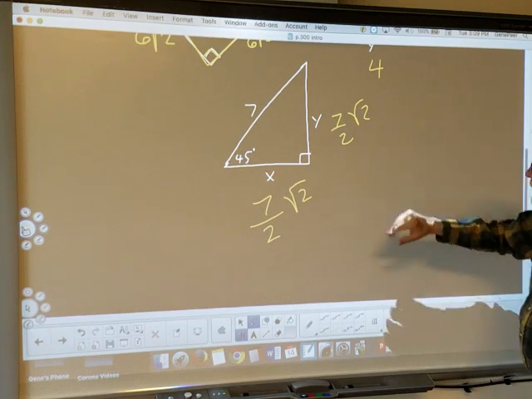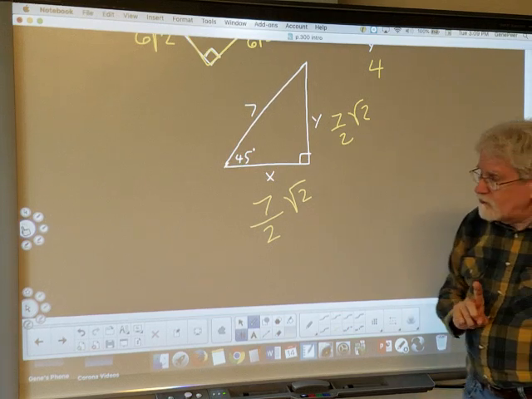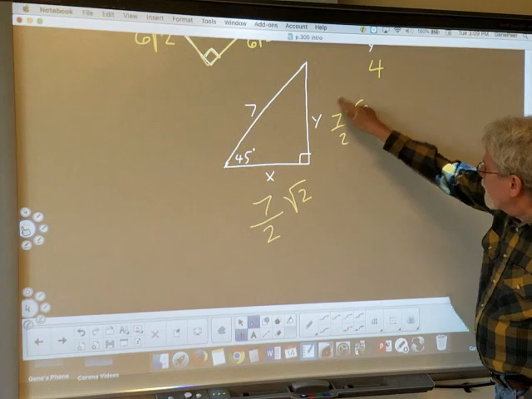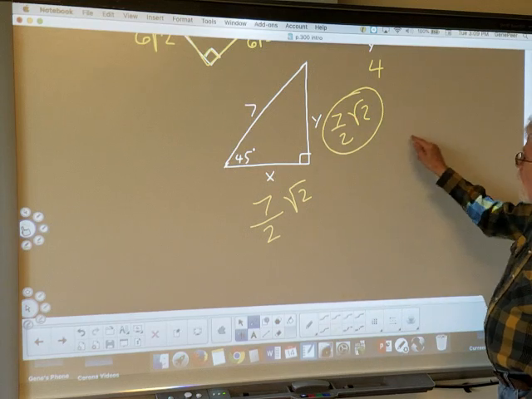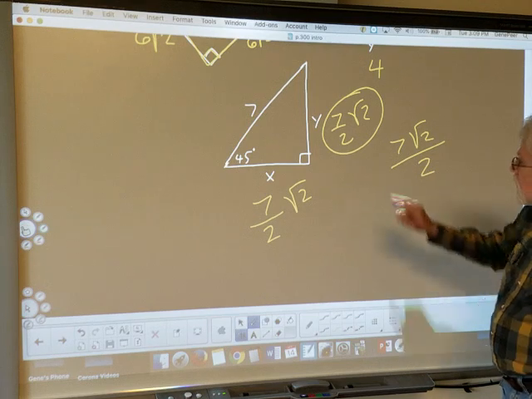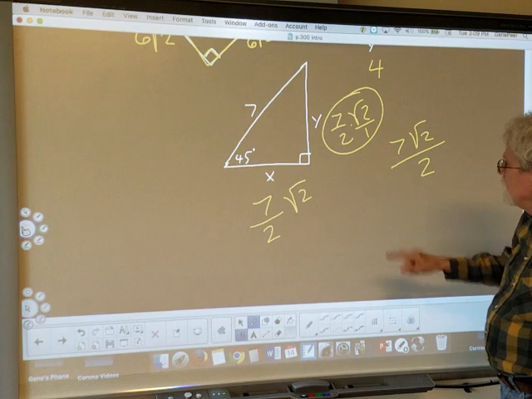By the way, when you write this, there are two different ways you could write it, and there's one way that you dare not write it. You can leave it just like this, or you can put the square root of 2 in the numerator, because really it's 7 halves times square root of 2 over 1.